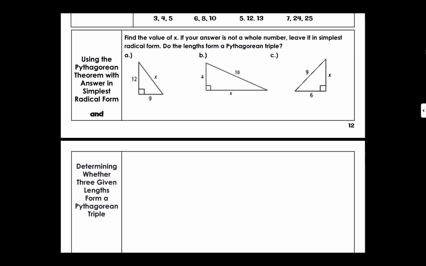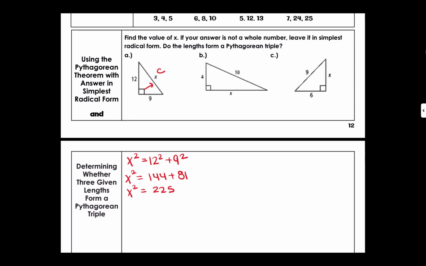For A, across from our right angle, that's always our c. So we have x squared equals 12 squared plus 9 squared. So x squared equals 144 plus 81. Add those two together, we get 225.